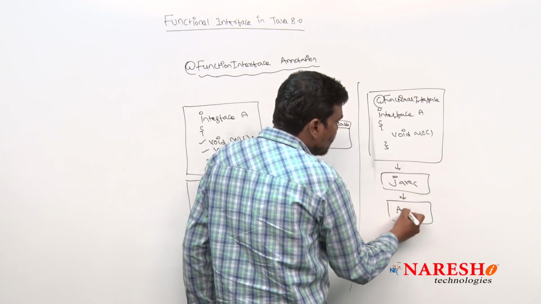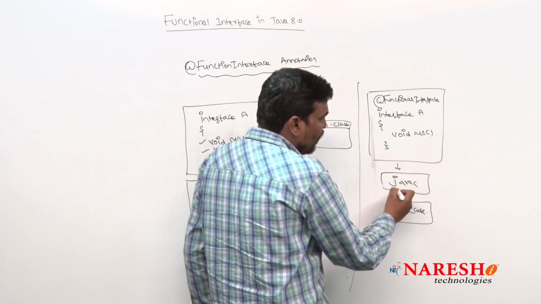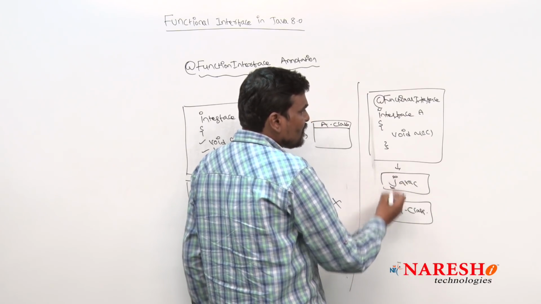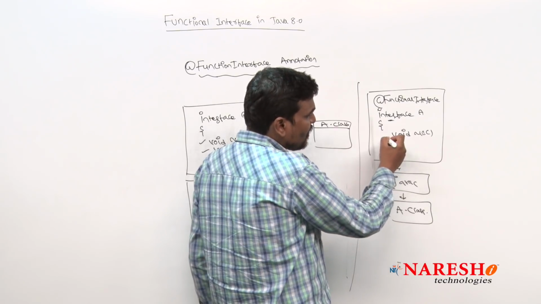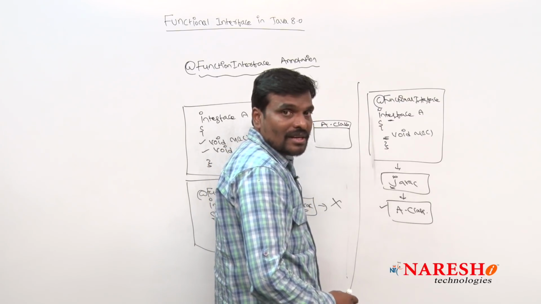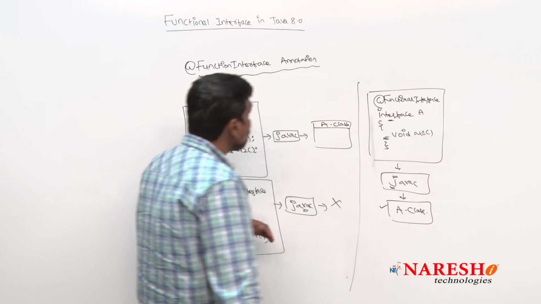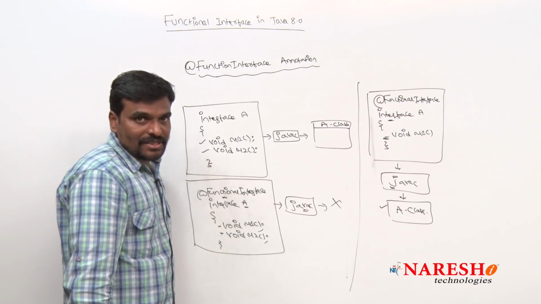It generates what here? A.class. Now the compiler verifies that this interface has only one abstract method, so it generates the .class file. So this is what a functional interface is and how to create a functional interface.